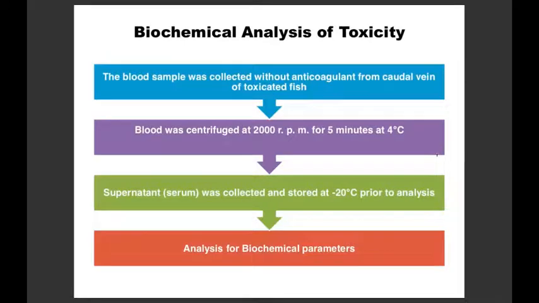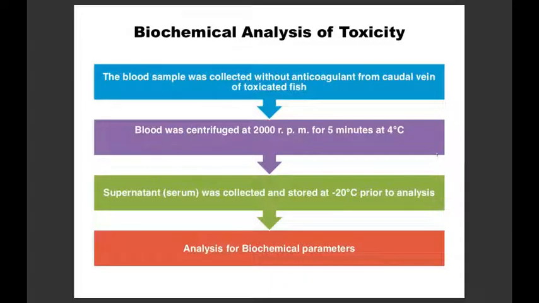When we go for biochemical analysis of toxicity, the blood was collected from the caudal vein, and EDTA was added as an anticoagulant, and the blood was centrifuged at 2000 rpm for 5 minutes at 4 degrees centigrade, and the user's manual was followed.